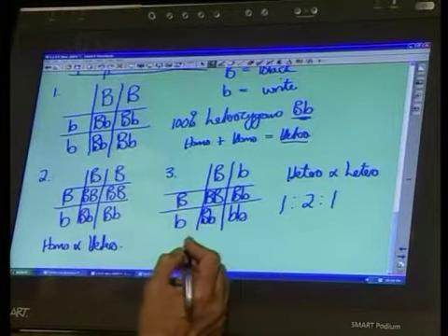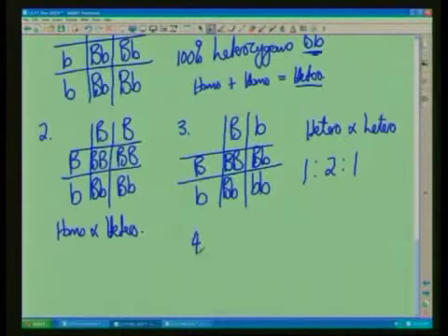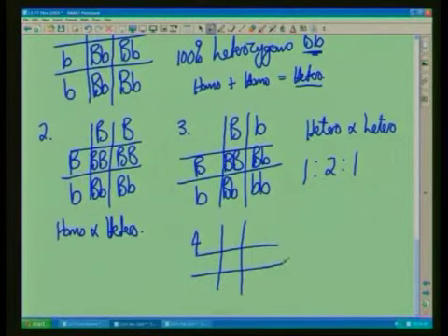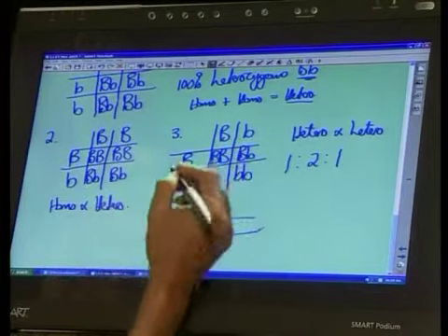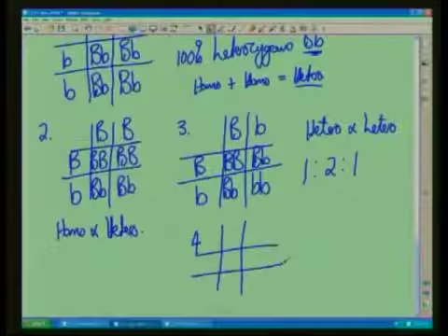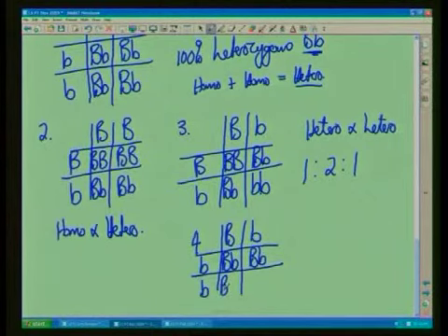Yes. Okay. And then my 4th type of crossing that you will get. Okay. Now we've had homo and homo. We've had hetero and homo. We've had hetero and hetero. Now we're going to have heterozygous times homozygous recessive. And this will give me heterozygous, 2 of them, and, oh, sorry, I made a small little error here.